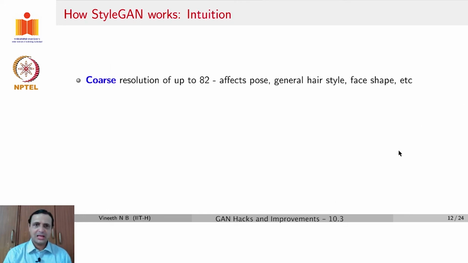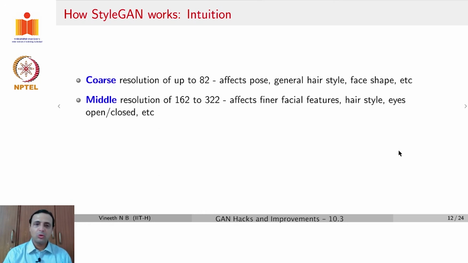The intuition for StyleGAN is that a coarse resolution in an image, if we consider face images, could affect attributes such as pose, a general hairstyle, face shape, etc. If you go to the next level of resolution, anywhere between 16² and 32², this resolution throws in finer attributes such as facial features, more specific hairstyle, eyes being open, closed, and so on.